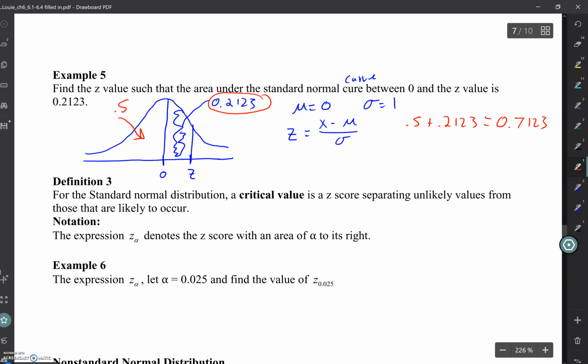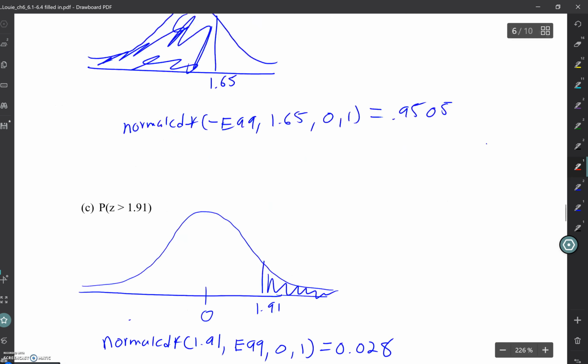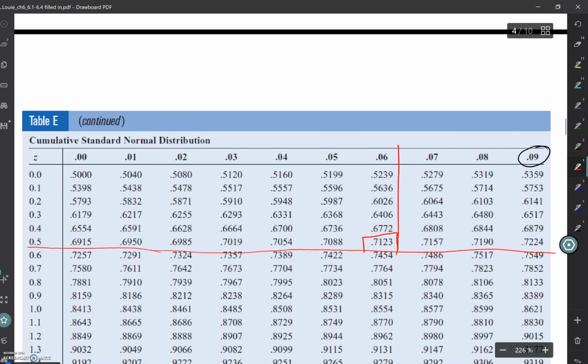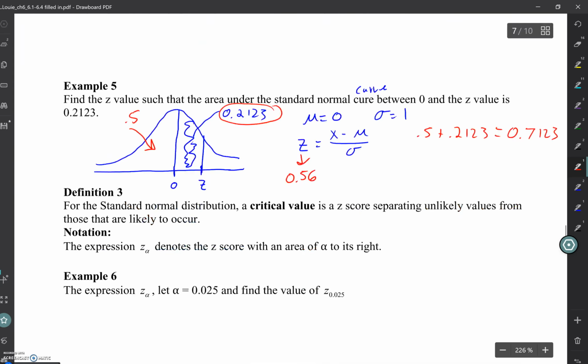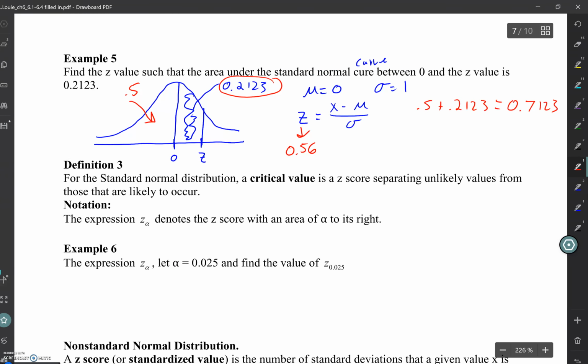And that means that the z-score that goes along with this is the 0.56, because I put my pieces together. So you have to add those two pieces together. You're going to add the 0.5 and the 0.06 together to get your total z-score. So that's the z-score that goes along with it.